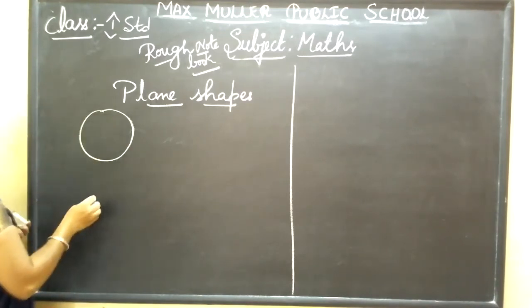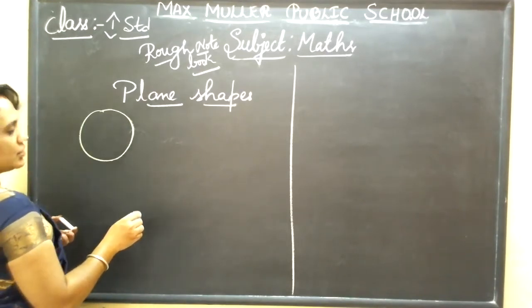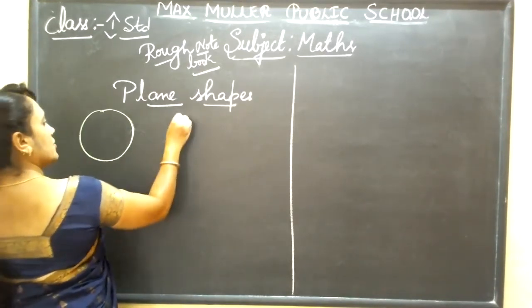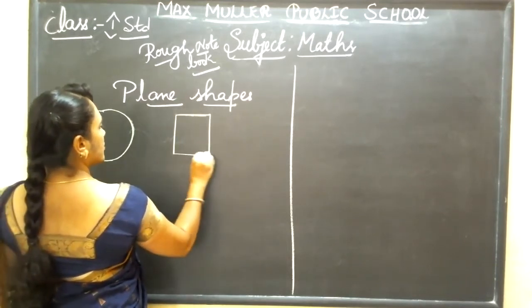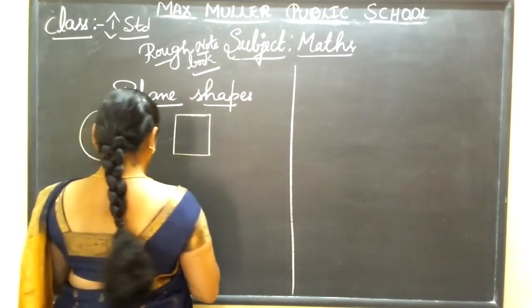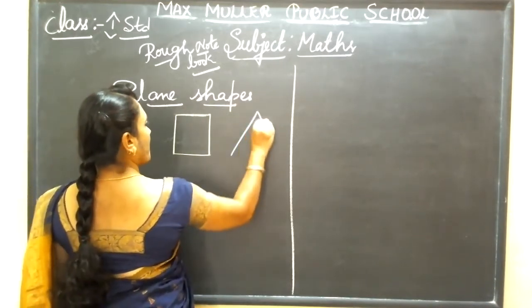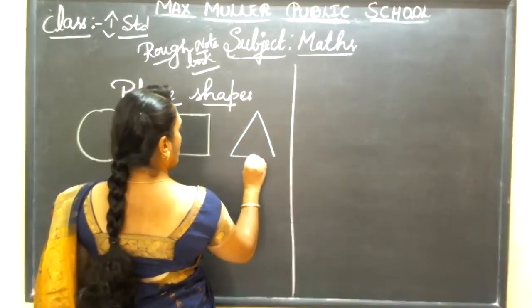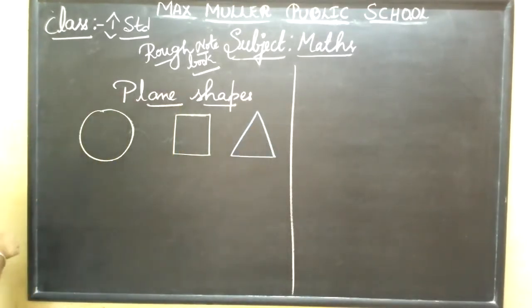What is the shape? Circle. What is this? Circle. This one? Square. What is this? Square. Triangle. What is this? Triangle.